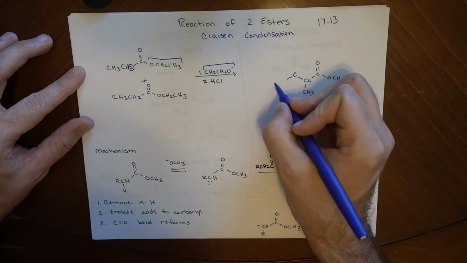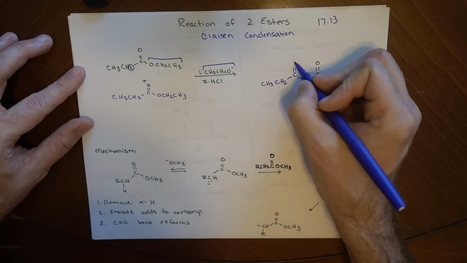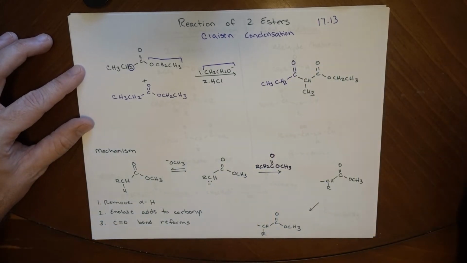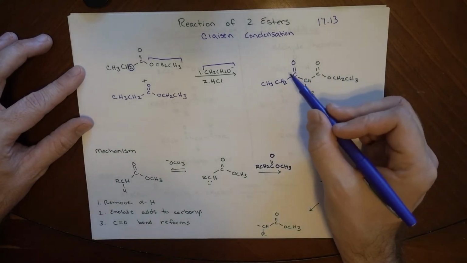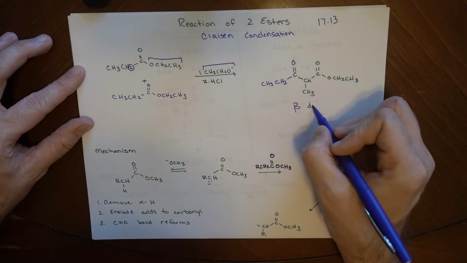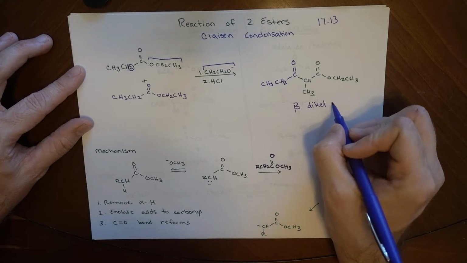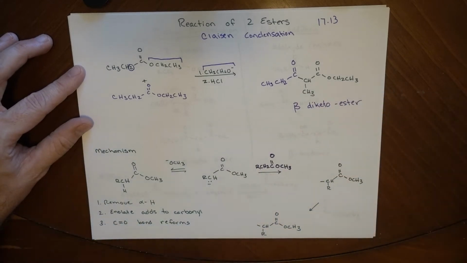It still has a CH2 and a CH3 attached to it, and we reform the carbonyl. So we get this kind of compound. So what we end up making is a beta diketo ester. So beta because it's on the beta carbon, so we make a beta diketo ester. Okay, a very exotic sounding ingredient or something.